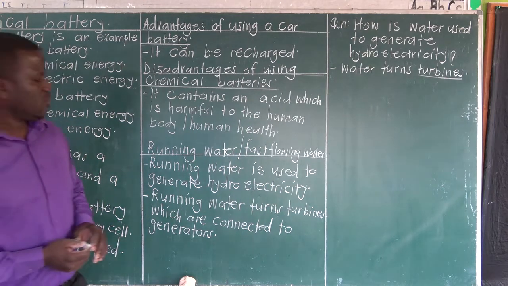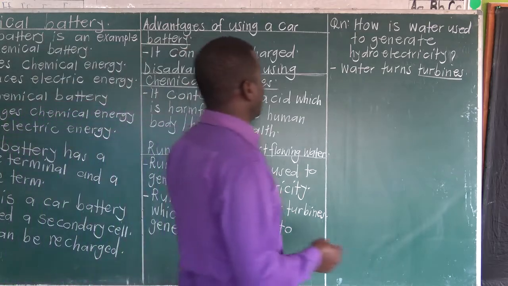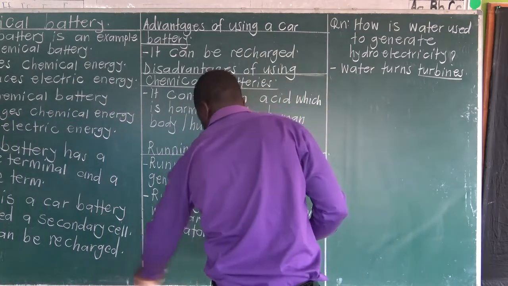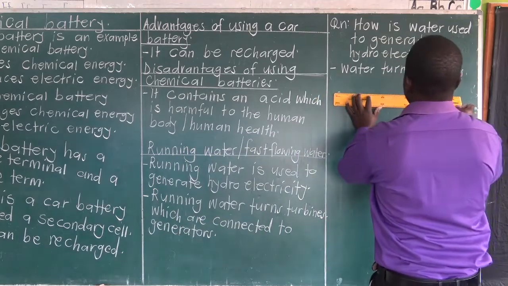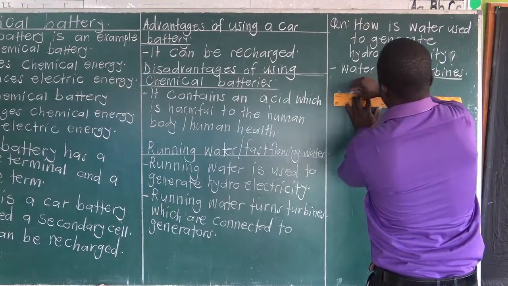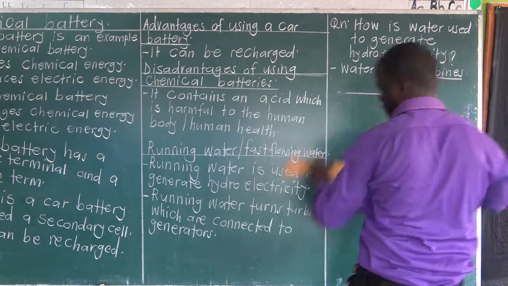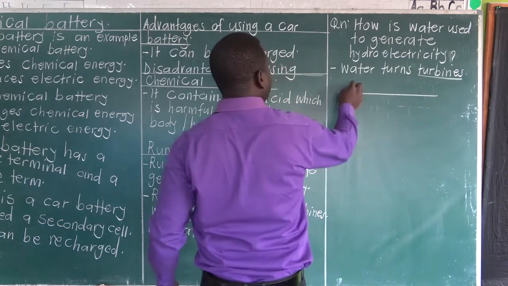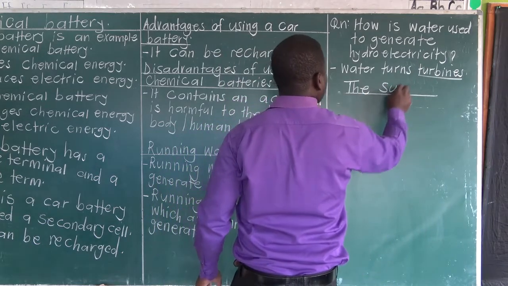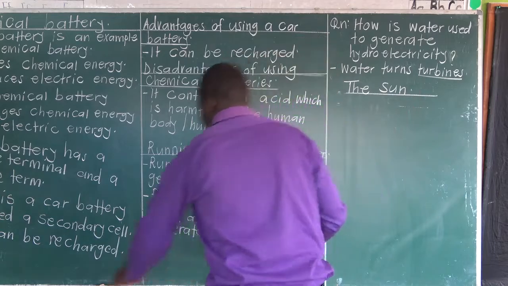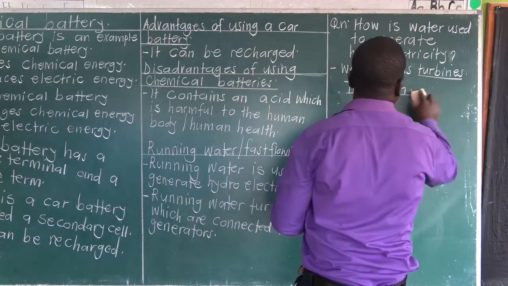The next source of electricity is the sun. The sun is also a source of electricity.